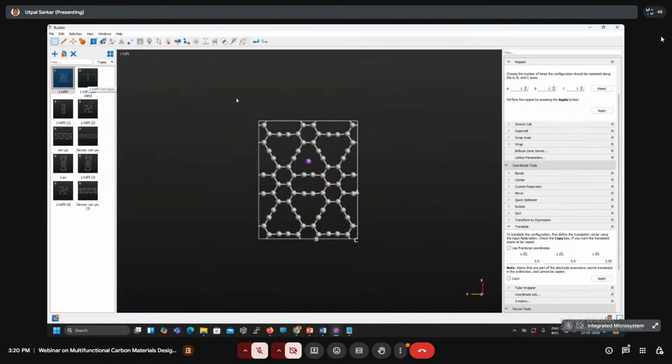So we will do the NEB calculation for calculating the diffusion energy barrier and also the diffusion coefficient value. In the JPCC paper we have shown 2 paths, but here I will show only one path.